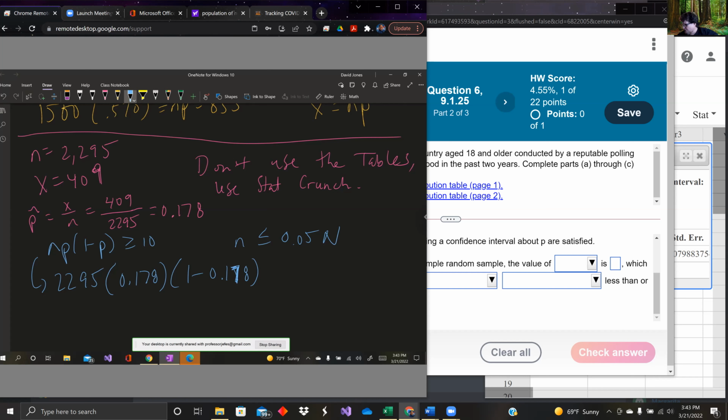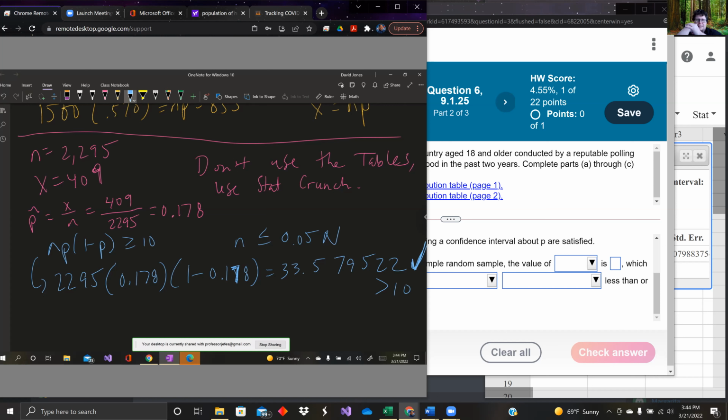I don't know how many decimal places they want. I'm sure they're going to make me report this though, so I'm going to write everything down on my calculator. That is greater than 10. So that's met. That's a check mark right there.